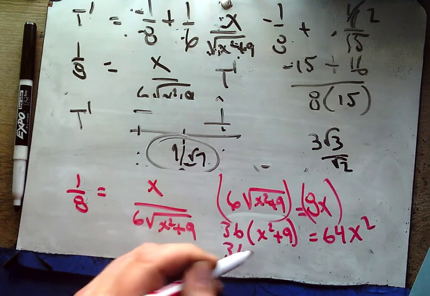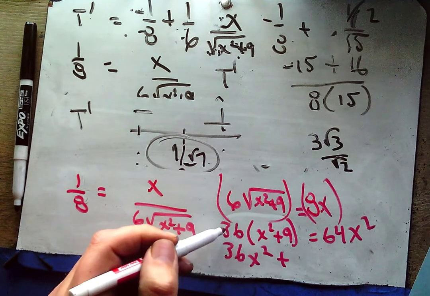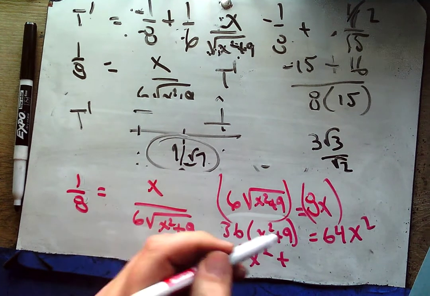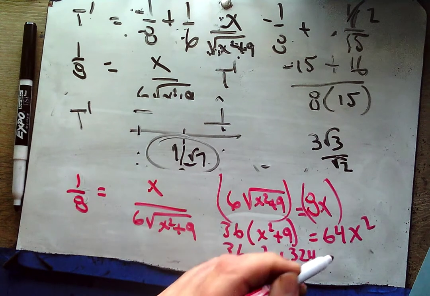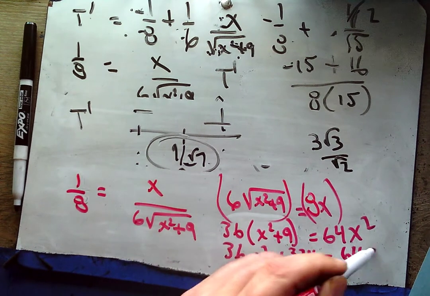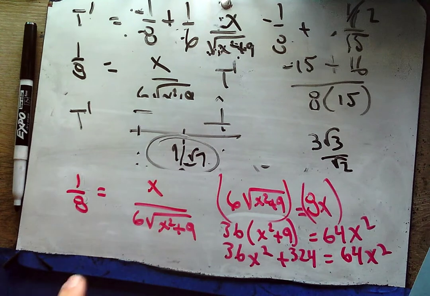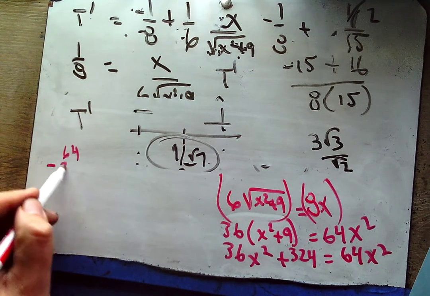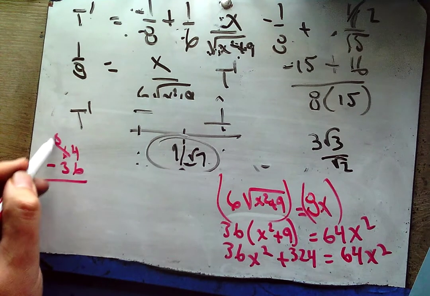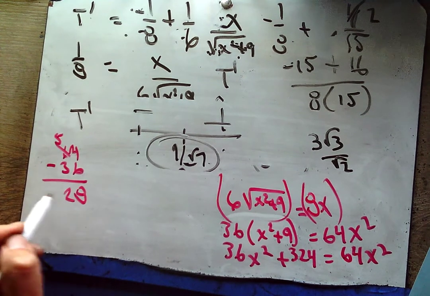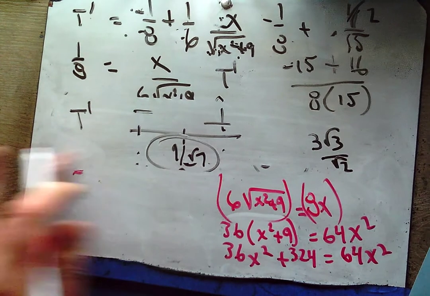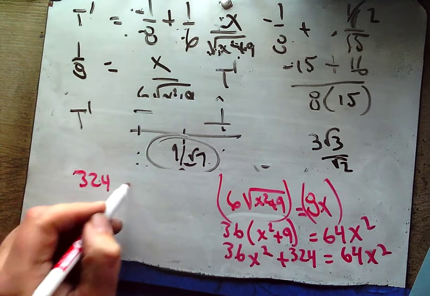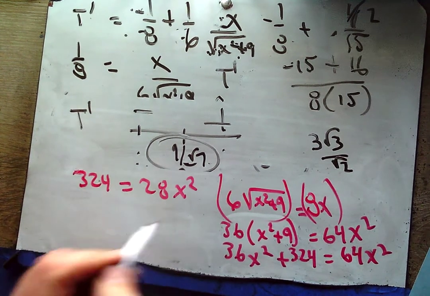So 36x squared plus 324 equals 64x squared. I'm going to subtract 36x squared from both sides. 64 minus 36. I've got to do some borrowing. That's going to be 28. Okay, so I've got 324 equals 28x squared.